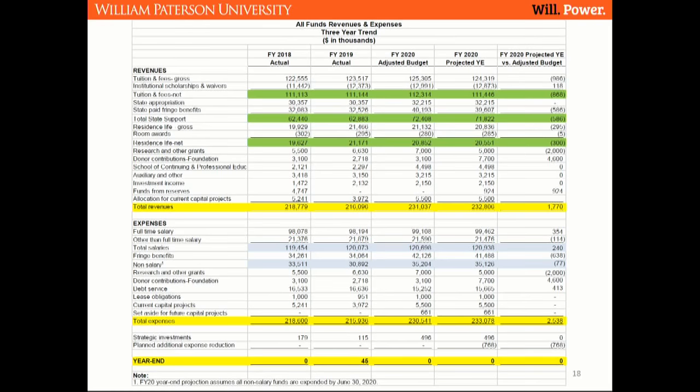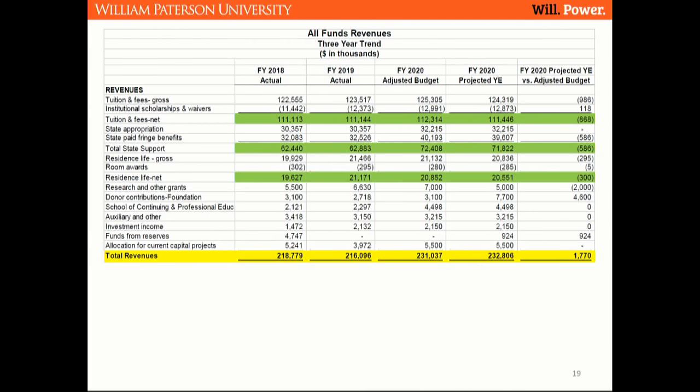Okay, now this table shows 3 years of actuals, 2 years of actuals, and where we are with this year's budget. I broke the table up. So this is the revenue side. And you can see that we've had to adjust the budget compared to other years. If you look at the second line from the bottom above the yellow line where it says total revenues, there's an additional number for funds from reserves.